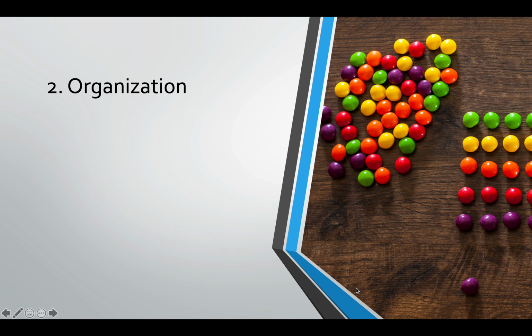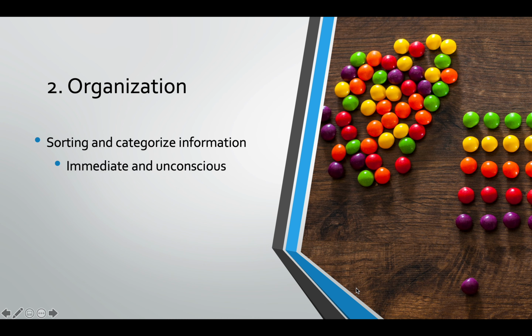The next step in the perception process is organization. Once we've attended to and selected certain stimulus to pay attention to, then we start sorting and categorizing that information. And this is going to happen pretty immediately as we encounter new messages, and oftentimes at a pretty unconscious level.